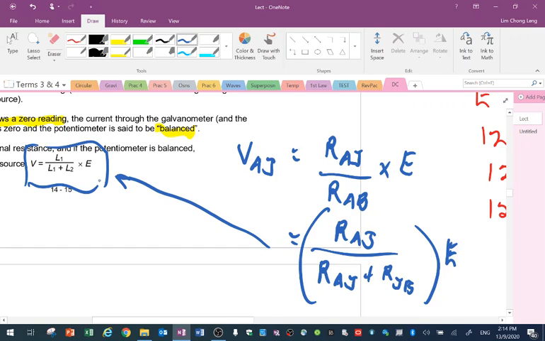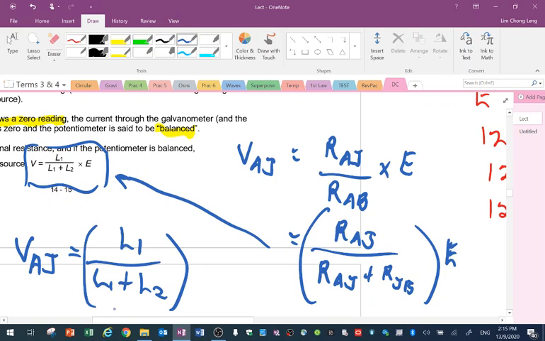Now, when I balance the potentiometer, my VAJ is equal to L1, which is proportional to RAJ, and then I have L1 plus L2 times the EMF, right?